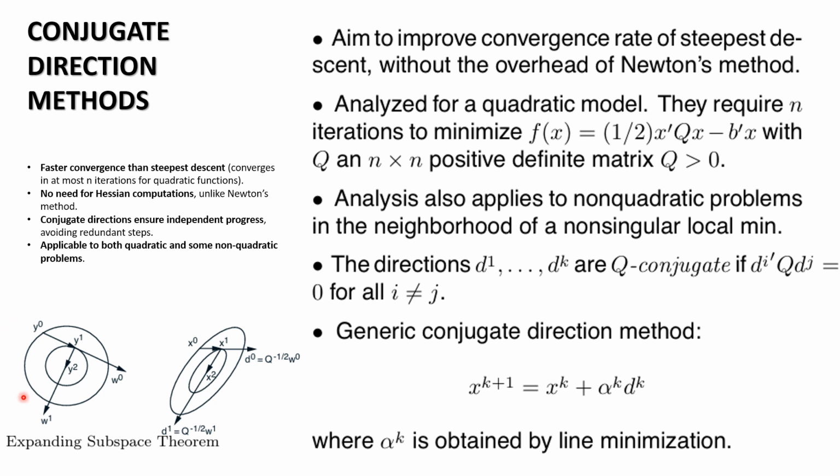Here on this picture you can see the expanding subspace theorem. I'm giving it here without any proof. The left diagram represents the search direction in an unconditioned space, while the right diagram shows the transformed search direction using preconditioning.